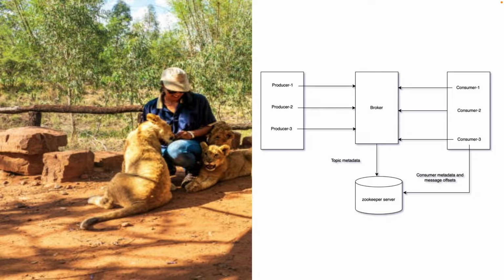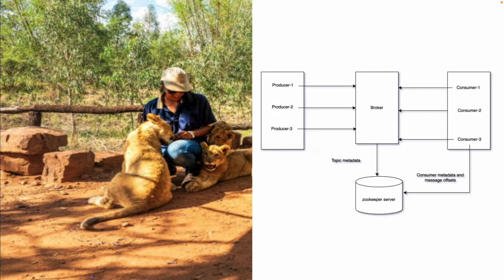The broker uses Zookeeper to store topic metadata, and the consumers use Zookeeper to store consumer metadata and also message offsets, so that if a consumer fails or goes down, it can easily come back and continue processing messages because it already has the information on the message offset where it stopped. We have talked about this before.